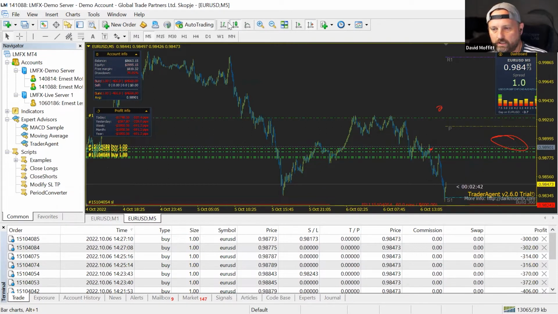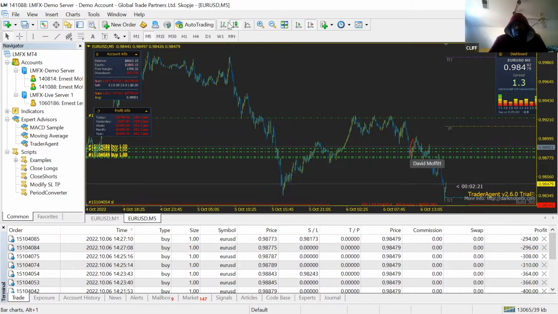I would have waited to see if it was going to drop down and do a fib retracement off of this, because you're past 62%, or 61.8. In my mind I just rounded to 62. Off of this move, with a fib retracement, it's likely to come down.